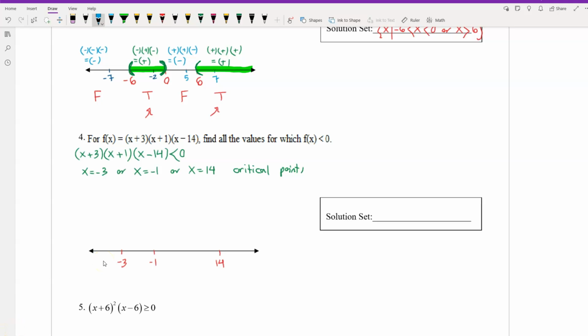Use any number less than negative 3, for example, negative 4. Use negative 4 instead of x. Negative 4 plus 3 is negative, negative 4 plus 1 is negative, negative 4 minus 14 is negative. So all of these are negative.